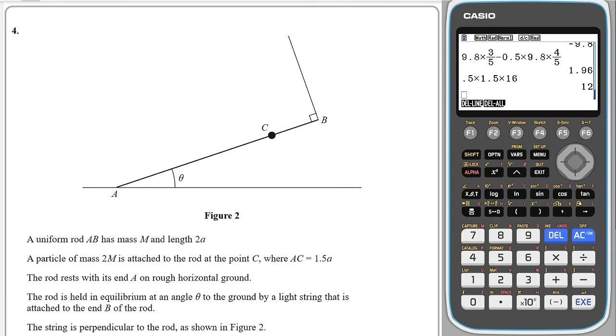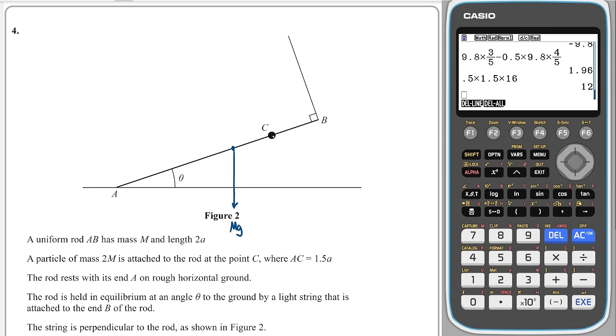Okay, another question where we need a good old force diagram. So a uniform rod, which means the mass acts through the centre, and the mass is m, so therefore the weight is mg.